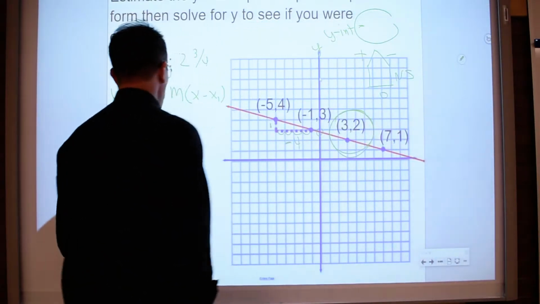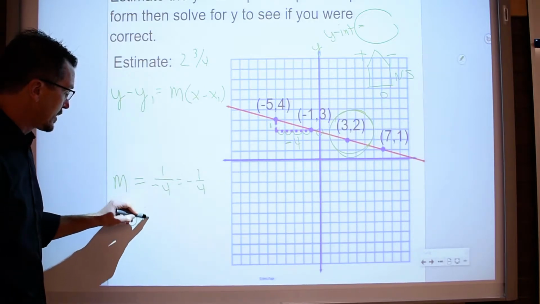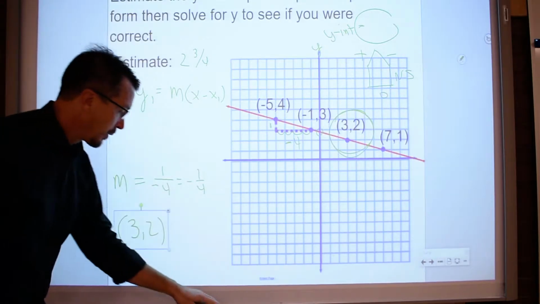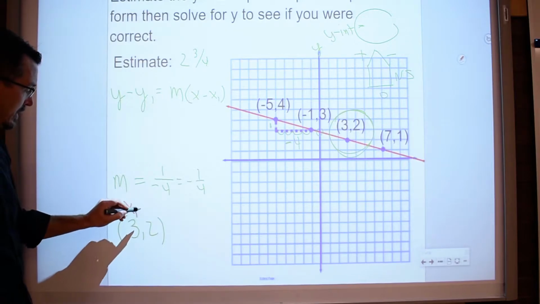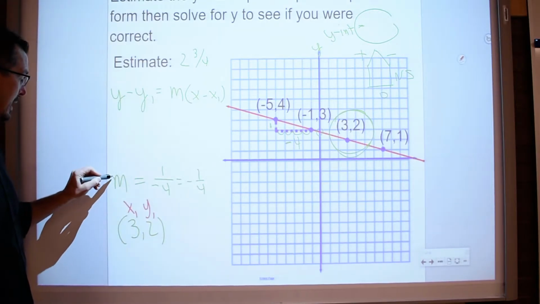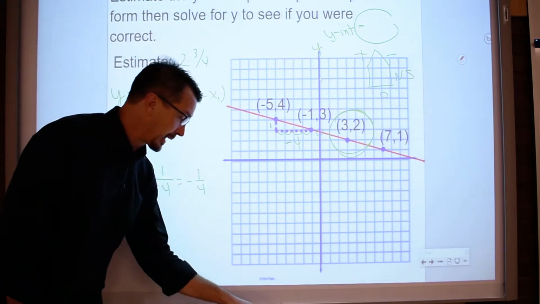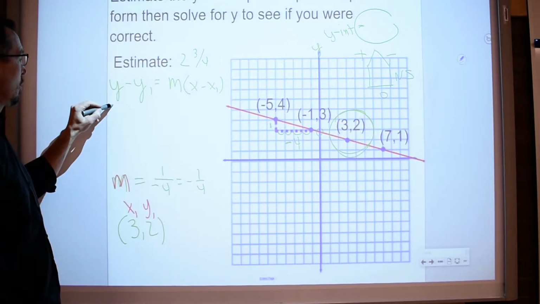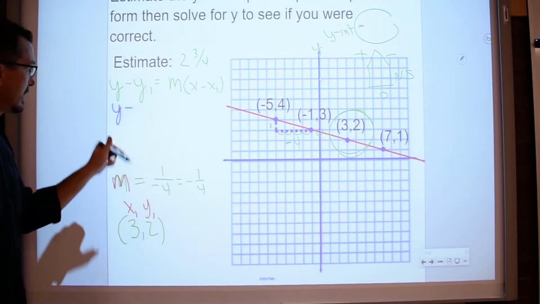So I'm going to pick the point 3, 2, which means this is my x1, and this is my y1, and this is my slope. So now all I have to do is substitute those values back into what we've already talked about, which is point slope form. So I go, okay, y minus, and now I look at the problem, y1 is 2.